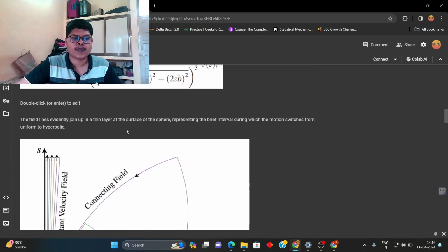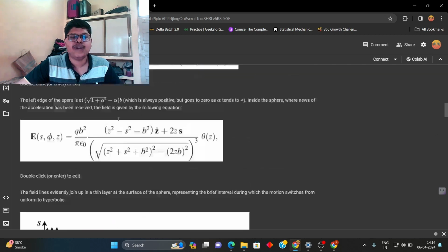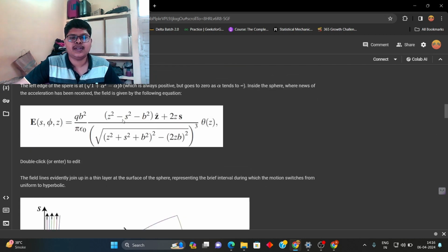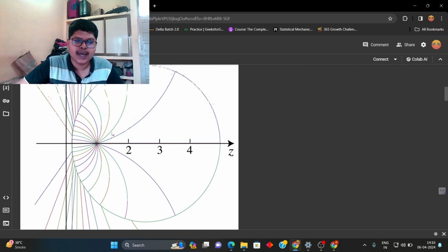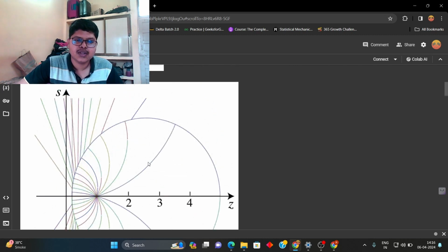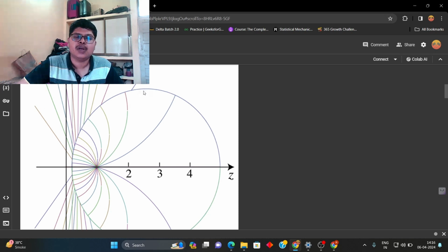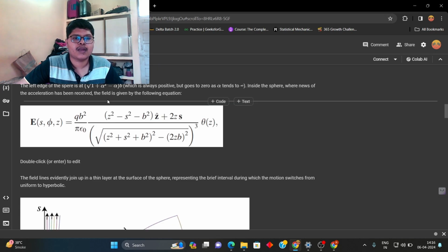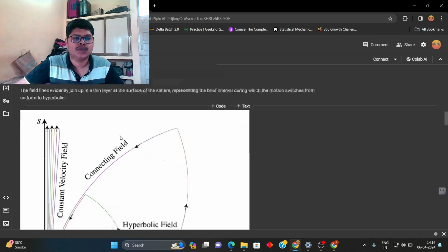So the field lines evidently join up in a thin layer at the surface of the sphere. These field lines join up in a thin layer outside the surface of the sphere, representing the brief interval during which the motion switches from uniform to hyperbolic.